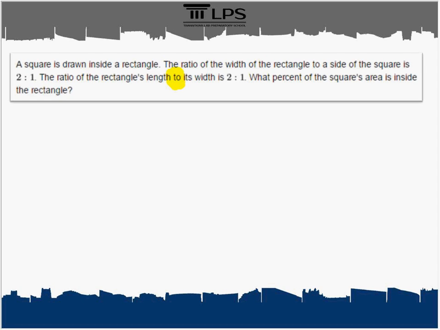What percentage of the rectangle is the square area inside it? So this question is encompassing everything that we did today except probability. It has got ratio, it has got percentage, it has angles. I'm waiting for the answer. Read the question, clear the confusion.